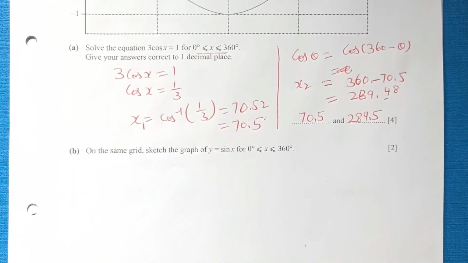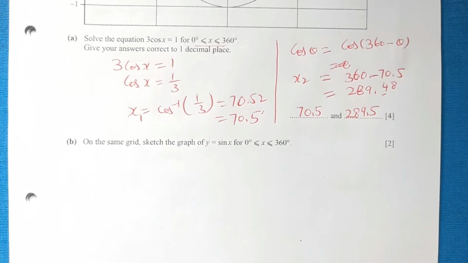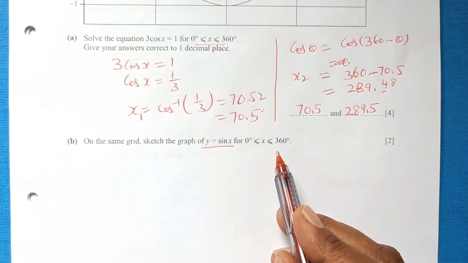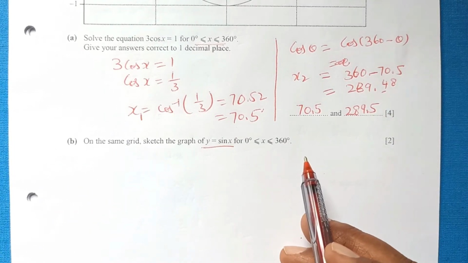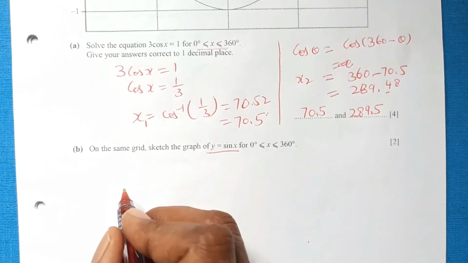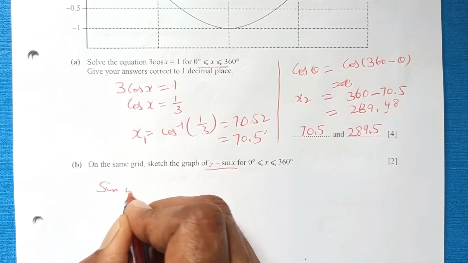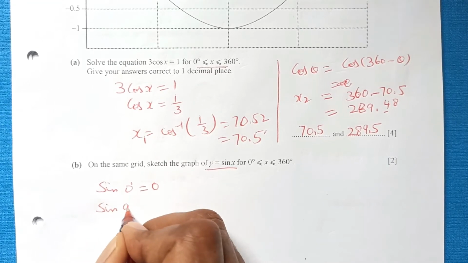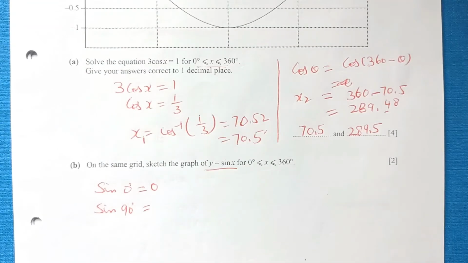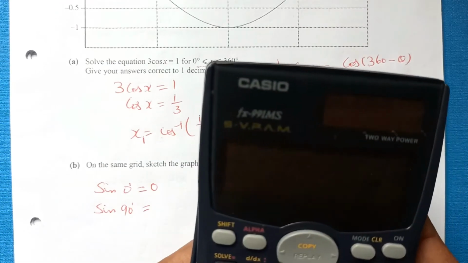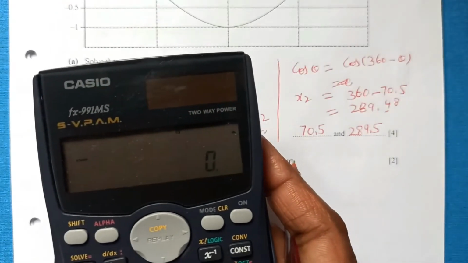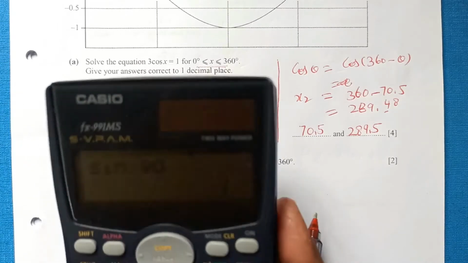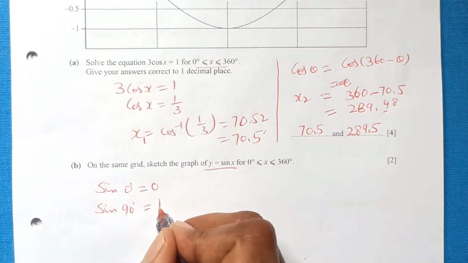Now on the same grid, sketch the graph of y equals sin x for 0 to 360. We know the value of sine at 0 is 0, and sine 90 is 1.